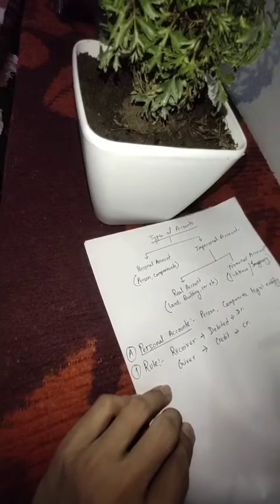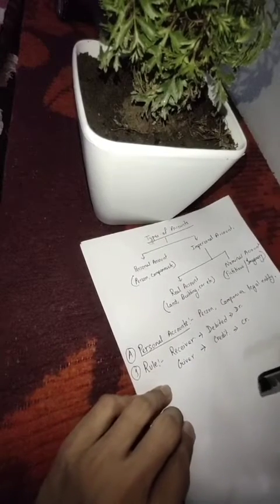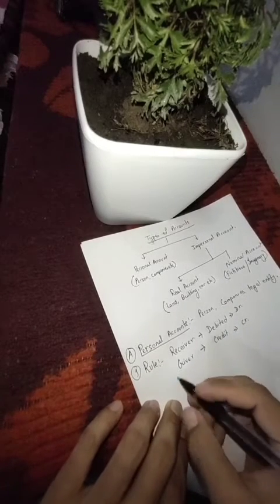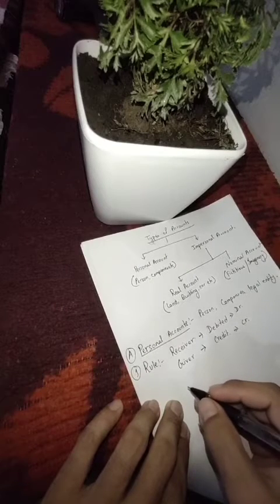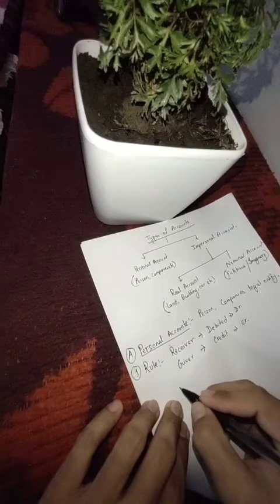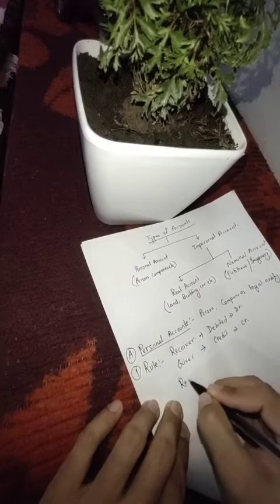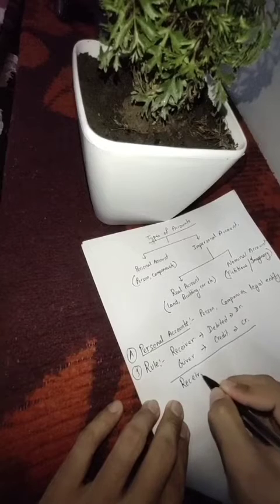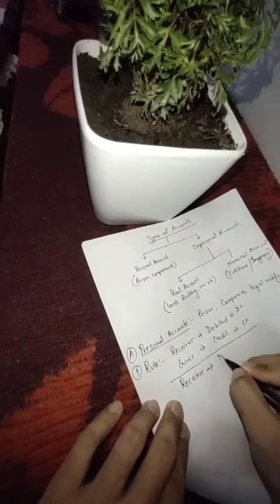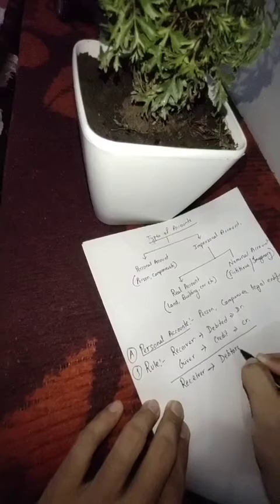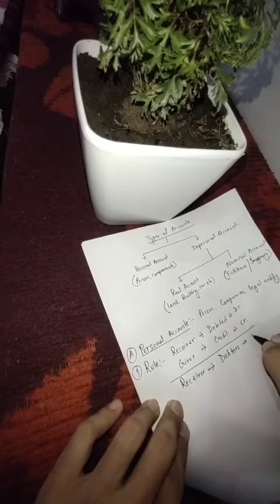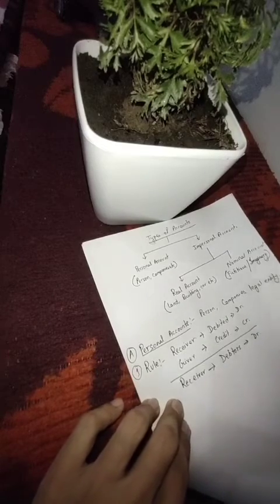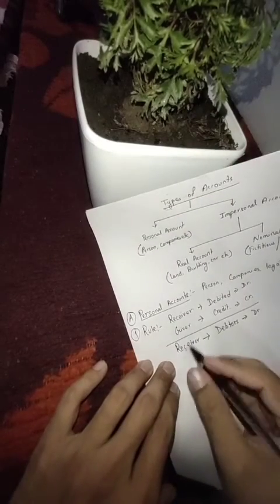So to not complicate things, I suggest you learn or memorize this: receivers are always debtors, and since debtors are always debit items, you need to understand that receivers are always debtors. And the other one is giver.